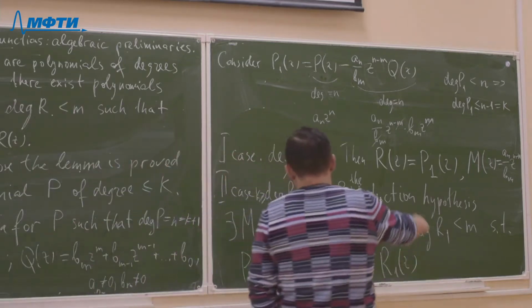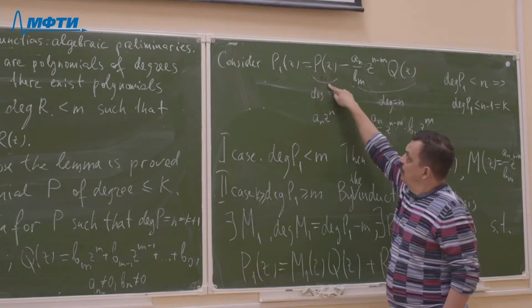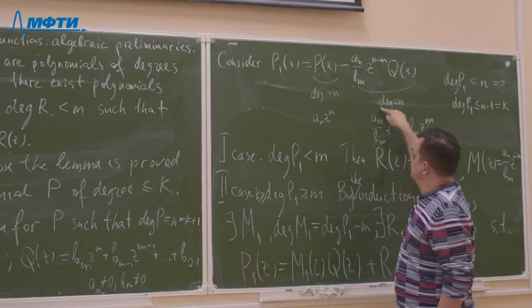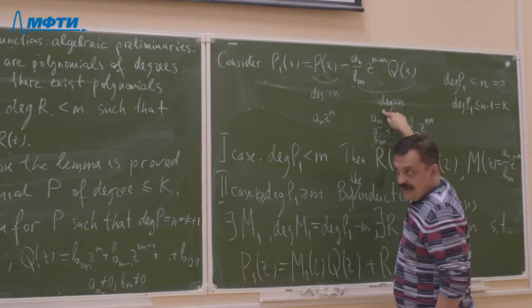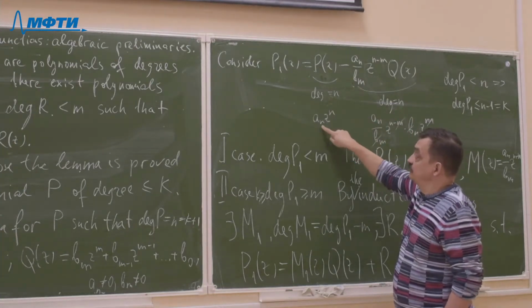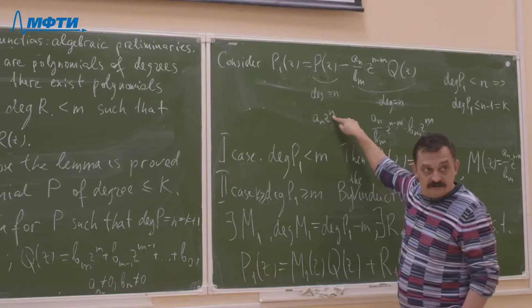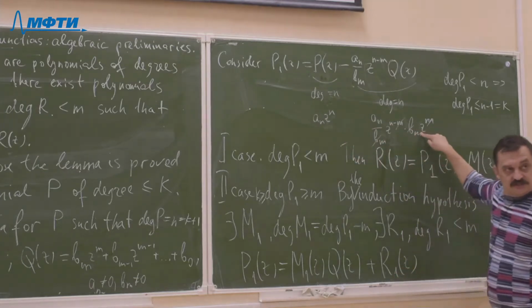Because, look, what we have proved. Our polynomial P1 is a difference of two polynomials of degree n, and the leading coefficient, the leading term, better to say, with z to the power n, we computed just now, right?